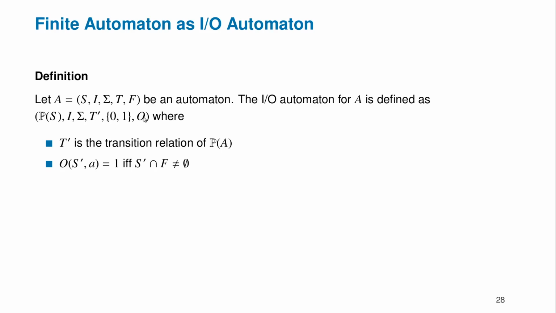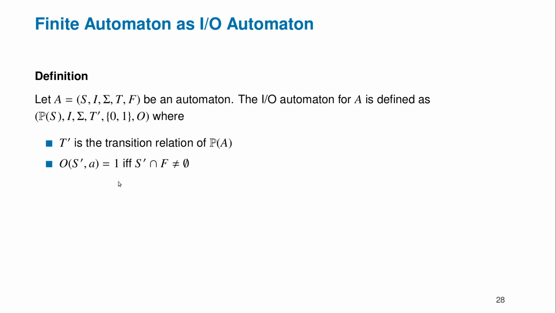And the only thing where we have to do something more is the output function. And we define the output function as follows. If we have a state S prime and a symbol A, then O gives us a 1 if and only if S prime contains a final state.